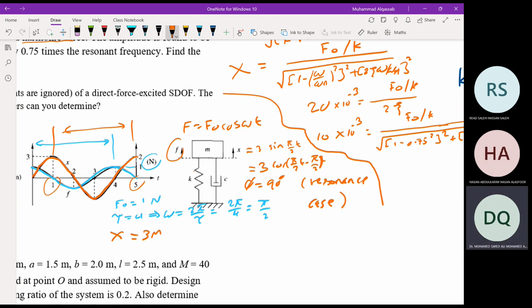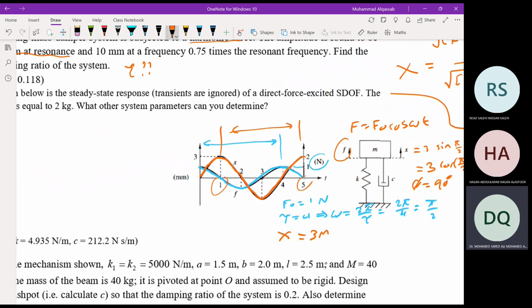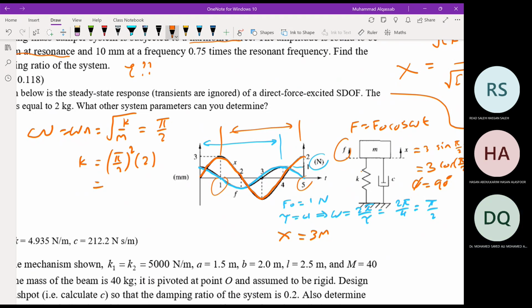If this is the resonance case, we know that omega equals omega n, which equals the square root of k over m, and this is equal to pi over 2. M is known, so k equals pi over 2 squared multiplied by the mass, which is 2 kilogram. You can find k from here.